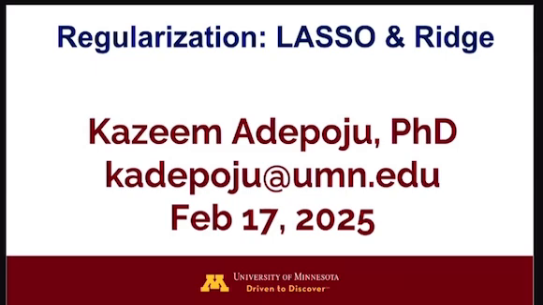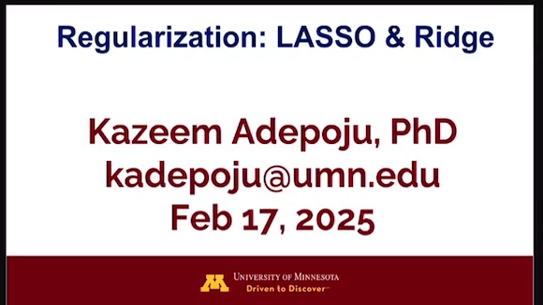Not only that, the approaches of model selection that I walked you through last time, I mean the all-subset selection, the forward and the backward, may not be able to control the problem of multicollinearity.